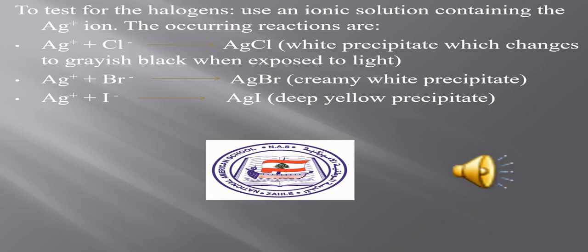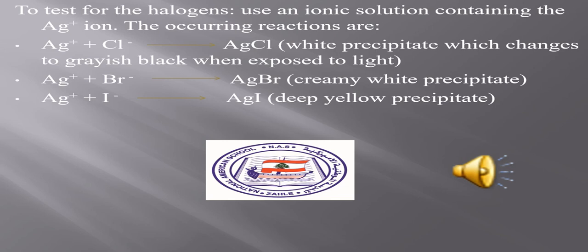So if you're looking at the test tube, let's just say you treated a sample of the organic compound with a solution containing Ag+, and you are observing the formation of a creamy white precipitate, then you have to deduce that the organic compound contains the element bromine.